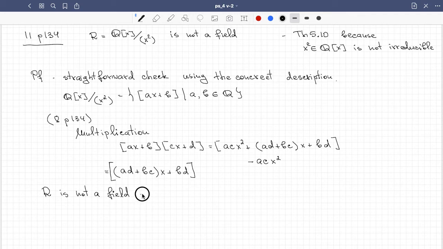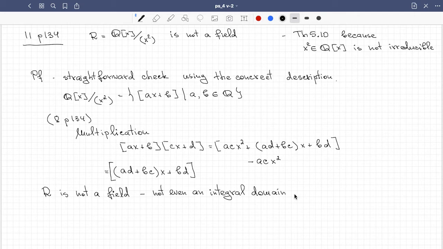So what I prove is that it is not even an integral domain. Every field is an integral domain. Not every integral domain is a field. Integers is an example of an integral domain which is not a field. Here, not even an integral domain, therefore not a field.